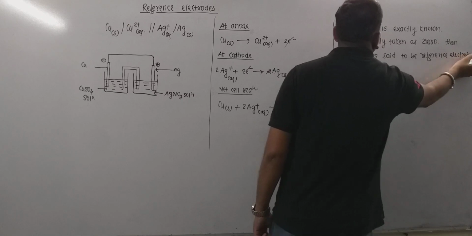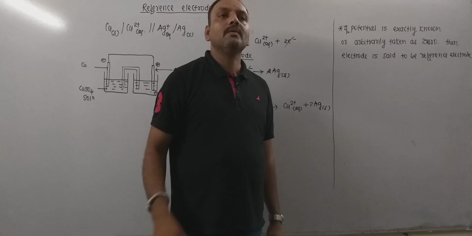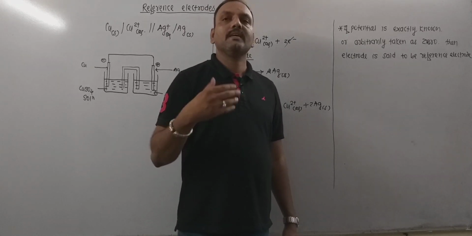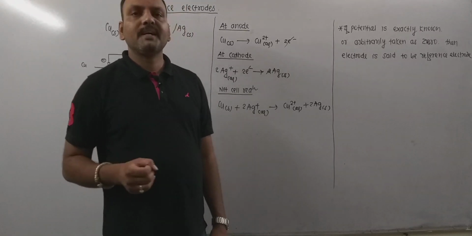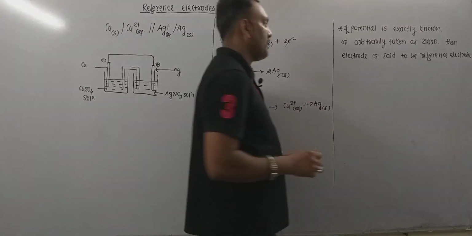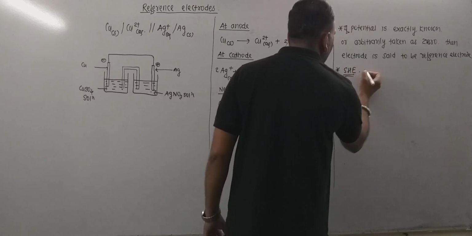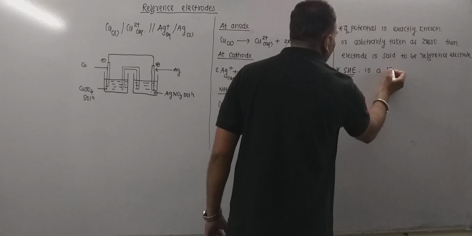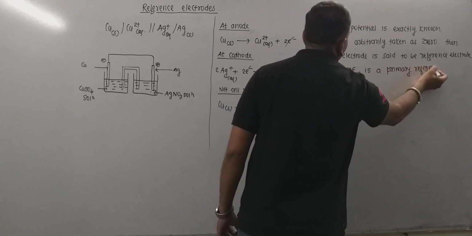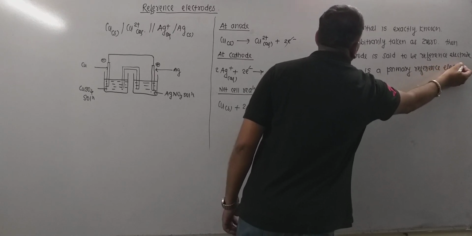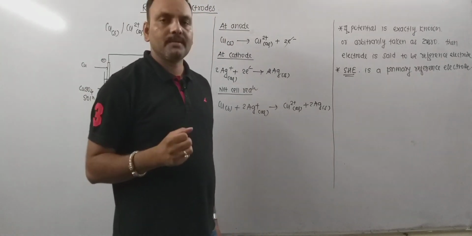So remember, reference electrodes are the standard electrodes, whose potential is well known to us. The primary reference electrode is the standard hydrogen electrode. Remember, the standard hydrogen electrode is a primary reference electrode, and its potential is arbitrarily taken as 0 volt.